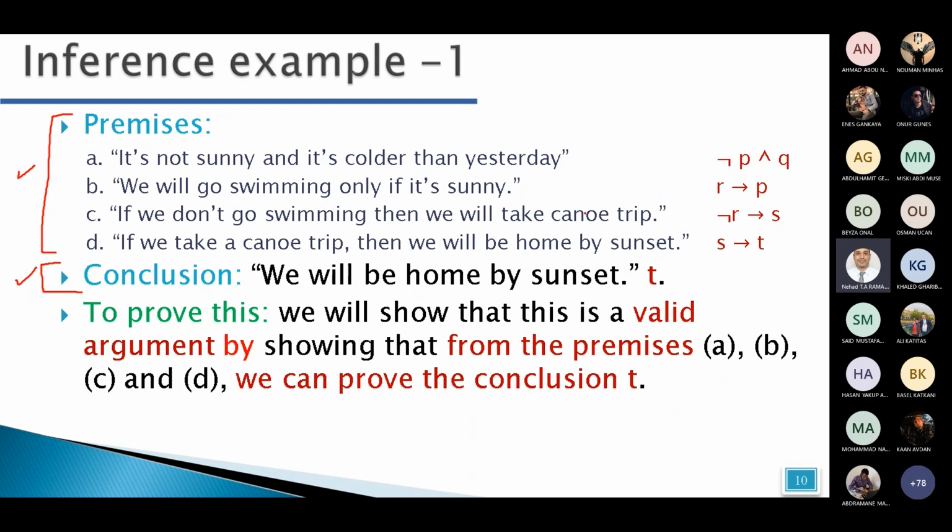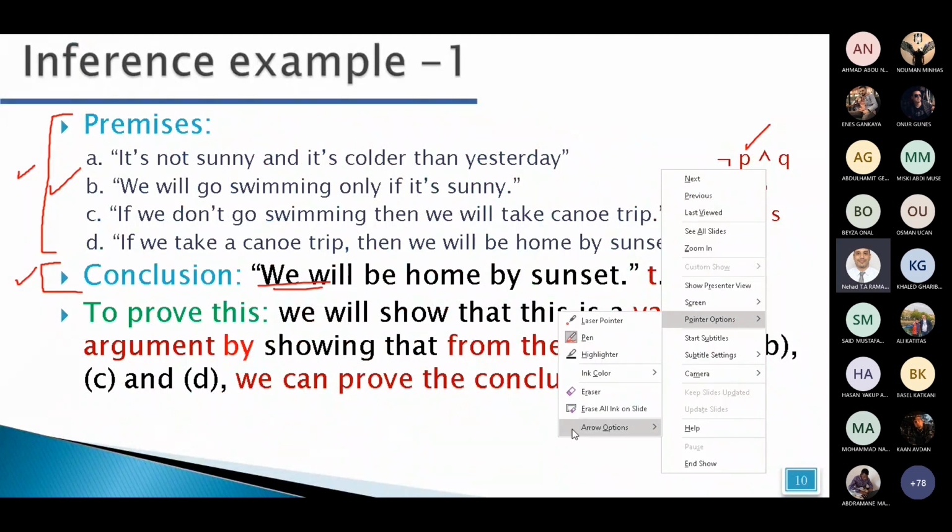We can use the logical inference rules to get the conclusion from the premises. To do it, we cannot use these statements as they are, so let's write them as propositions.